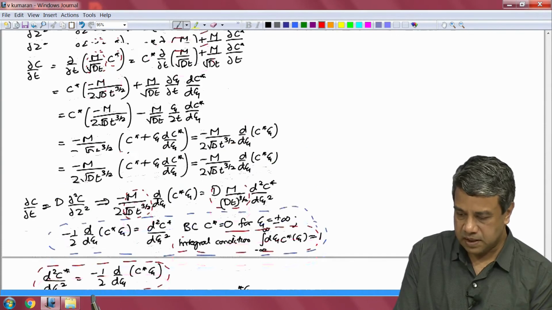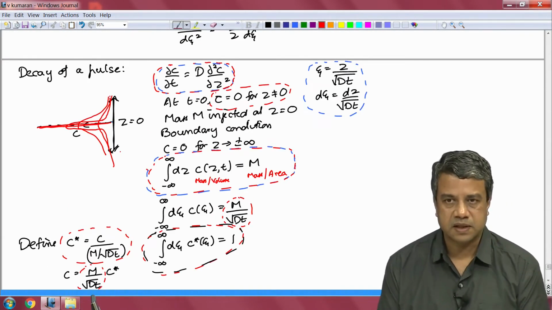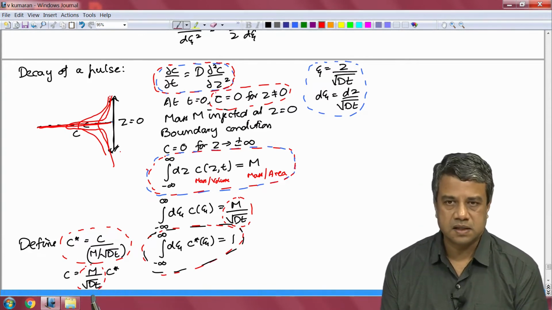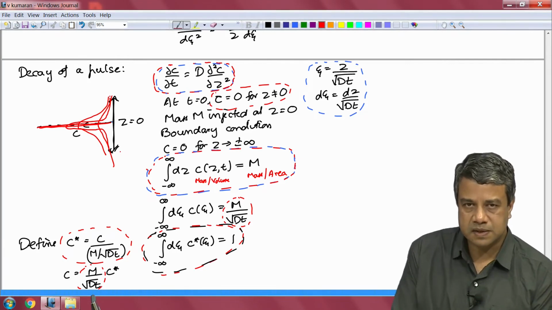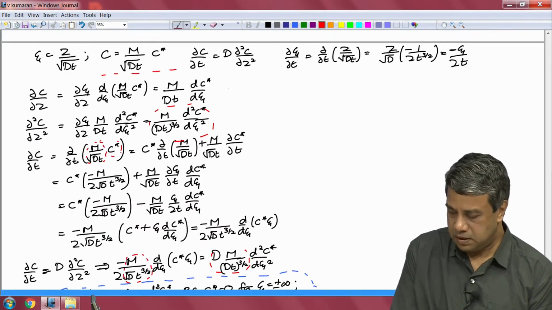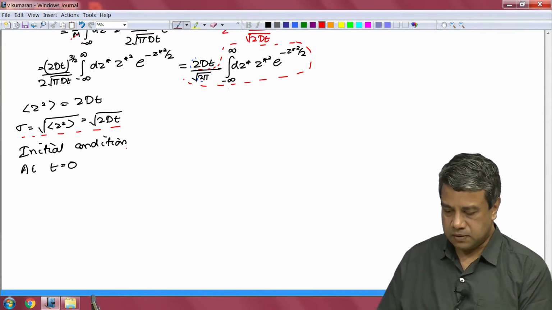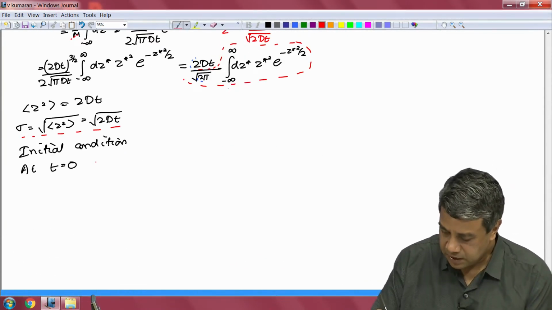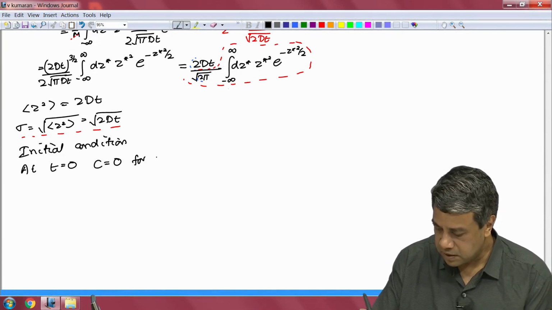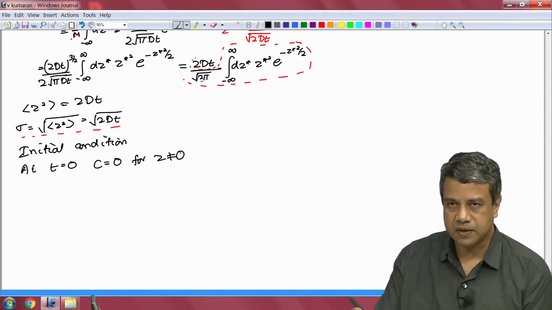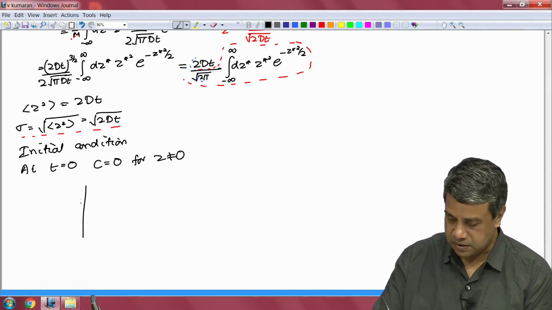Recall that I said in the last class that we have a finite mass injected into an infinitesimal thickness. Therefore, at t equal to 0, c is equal to 0 for z not equal to 0, everywhere in the configuration.